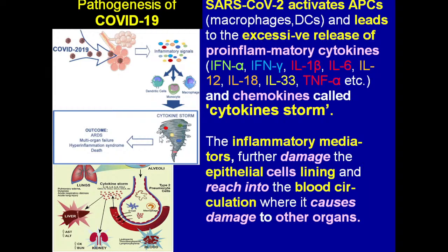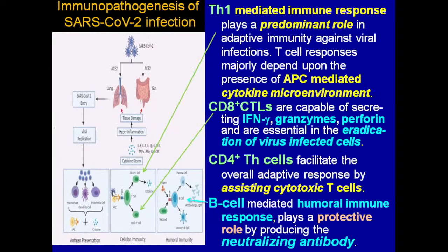Then damage occurs to the epithelial cells of the lining, and they reach into the bloodstream. So we have hypercytokinemia that we have discussed, right? So elevated level of pro-inflammatory cytokines in the blood. Then it may spread through the blood circulation, where it causes damage to other organs.